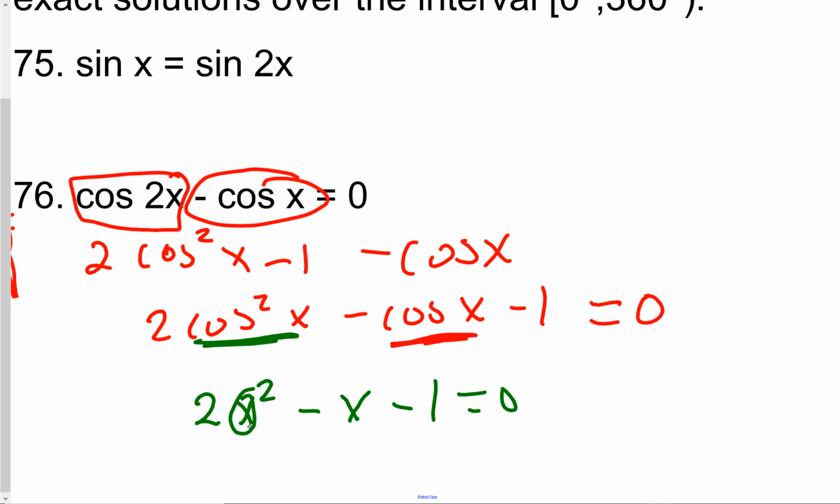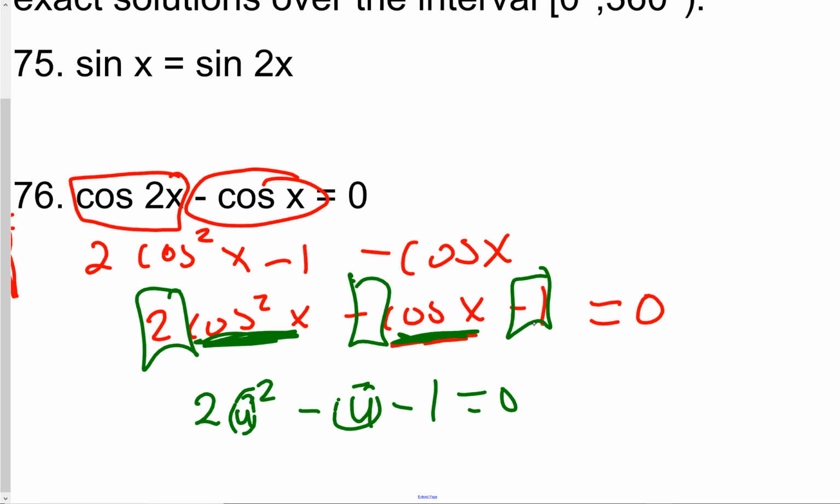This is just cosine squared, this is just cosine. You can use u if you want, or you can just look at this thing being squared. So here's my a, -1 is my b, -1 is my c.